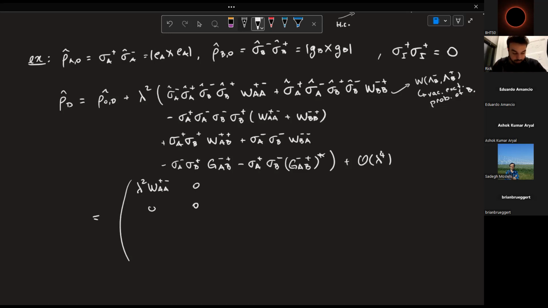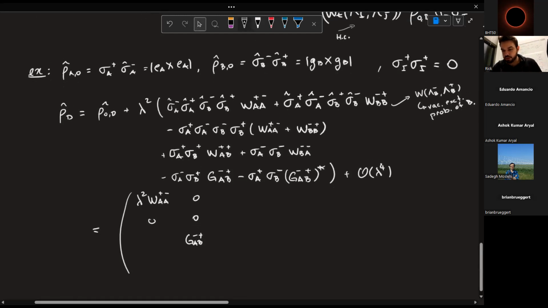Then we're going to have here G AB minus plus, because this is the term associated with this. The easy way of seeing this is that sigma A minus is always talking about the bottom part for A, and sigma B plus is always talking about the upper part of the submatrix. Okay, so this is how you compute this.